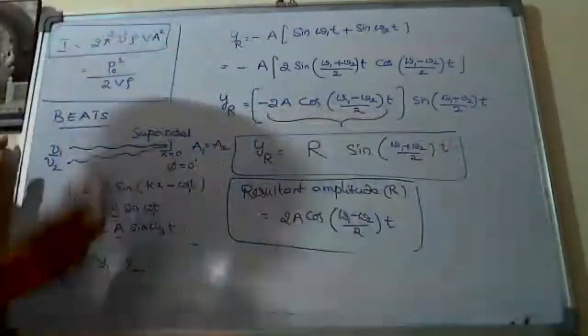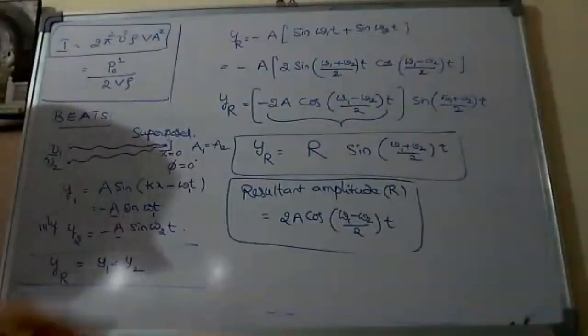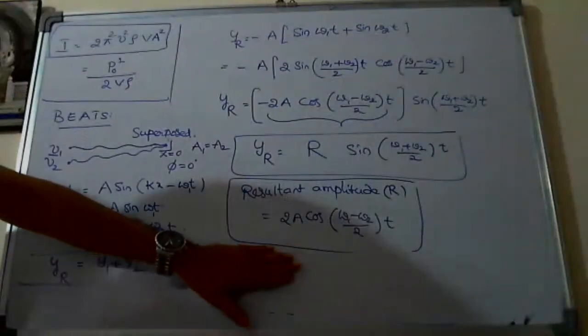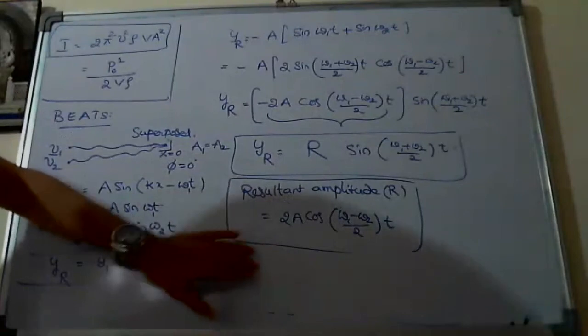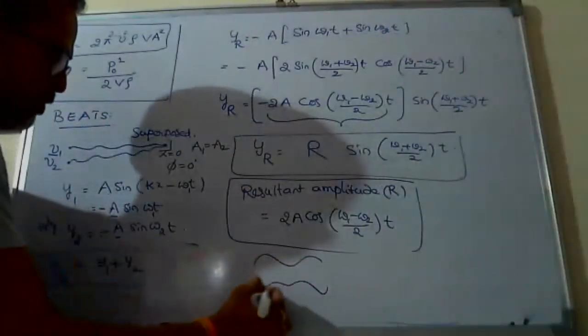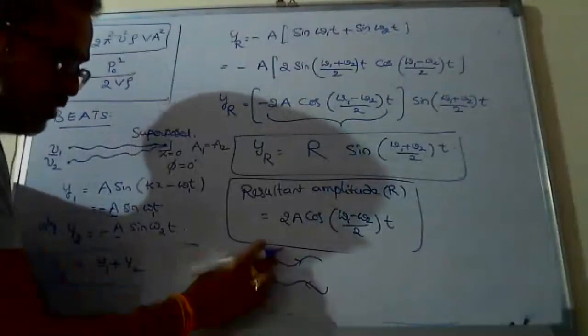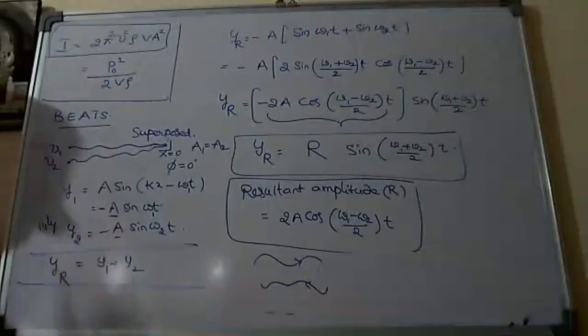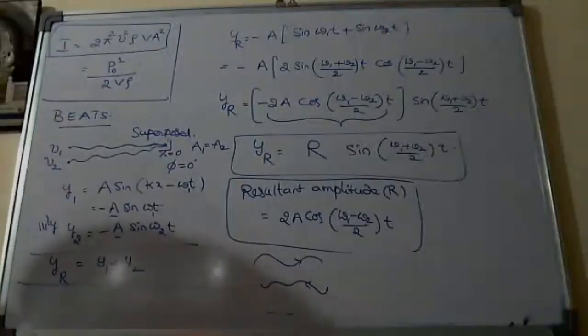And one more difference. In stationary waves, while finding the resultant amplitude, the incident wave and the reflected wave both have the same frequency. But look here, these two do not have the same frequency. They have different frequencies.